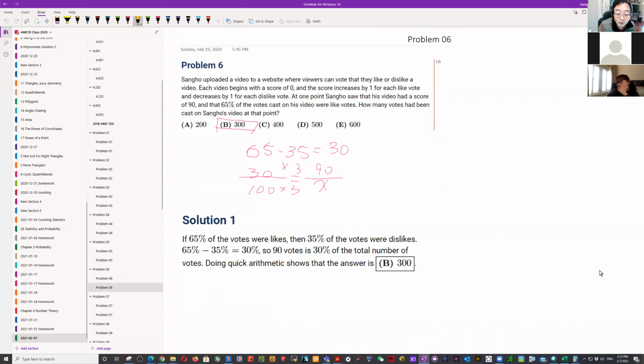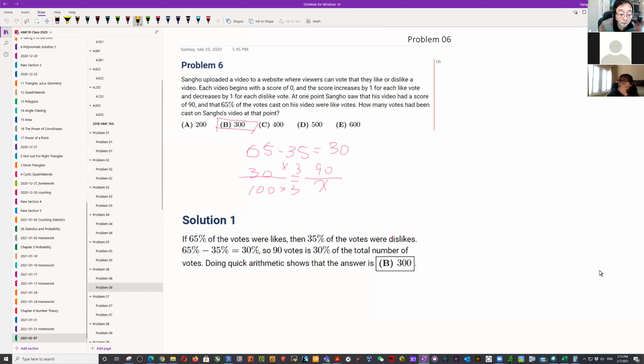So basically, assume you can only make like or dislike. You don't have a no-action button. So if you vote, you have to take one of the stances.